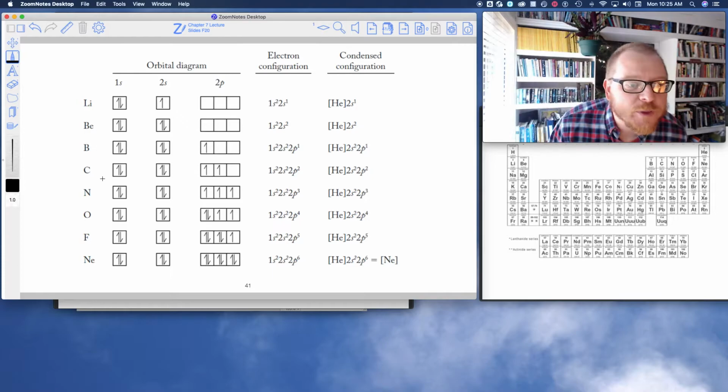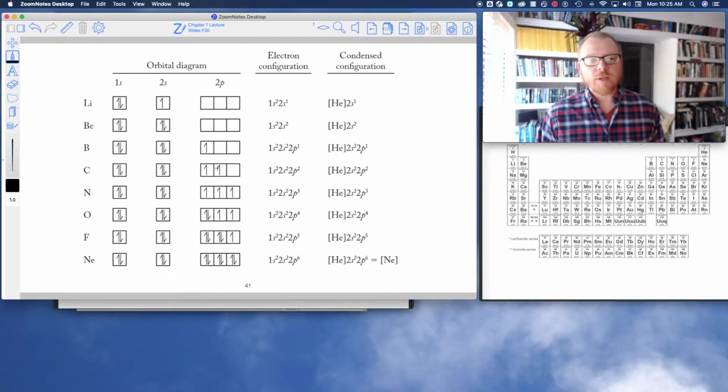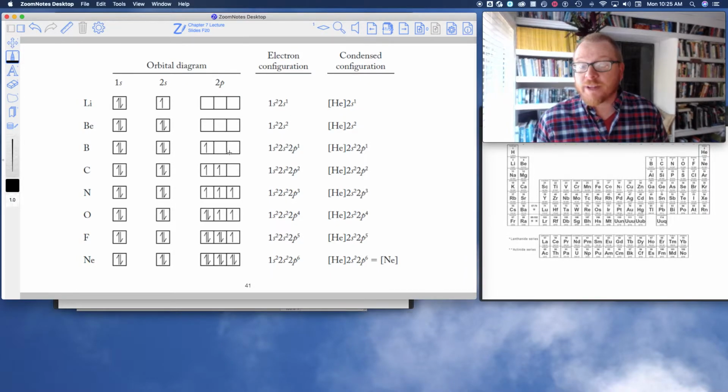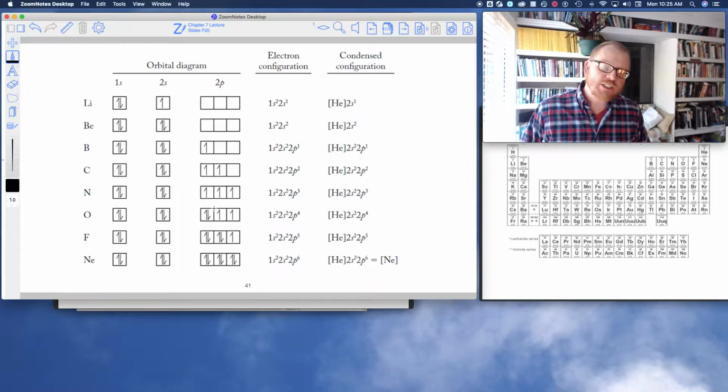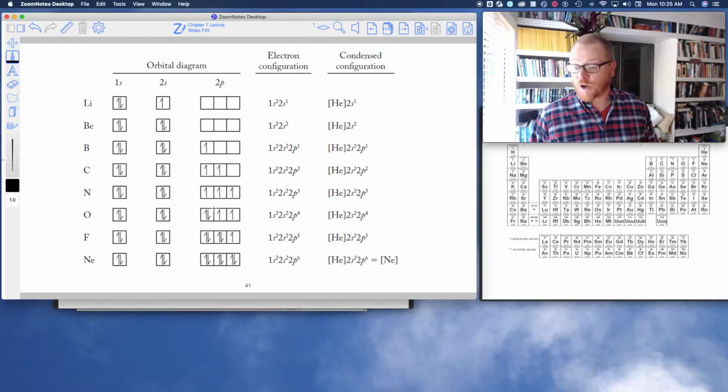But now look what happens with carbon. Okay? So I'm adding 1 more electron, but I don't pair it up because there's open orbitals. And if there are open orbitals, those electrons will spread in. Much like how you all are in the lecture hall, if there's an open seat, you will take it, right? I know this.